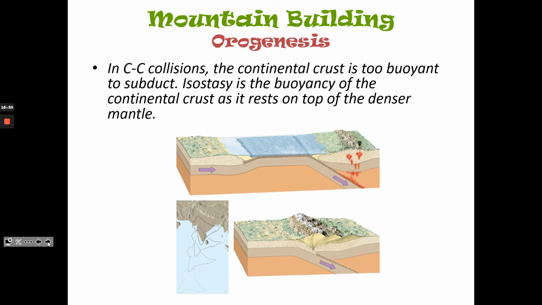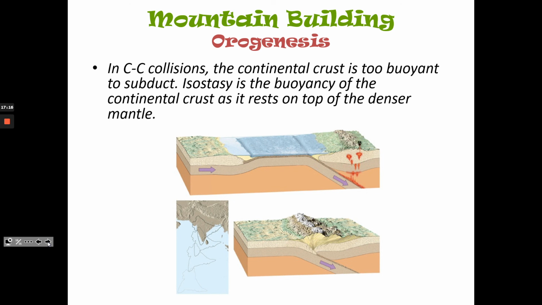All right, so in those convergent boundaries, especially with continental convergent boundaries, we have discussed how neither piece of continental crust will subduct under the other, and we said that's because that continental crust just isn't dense enough.